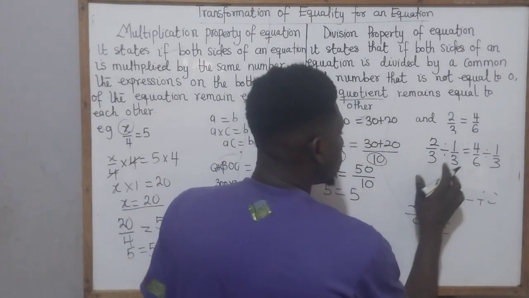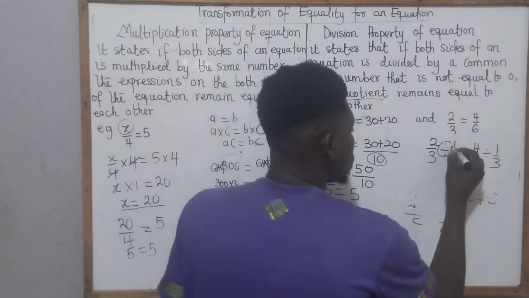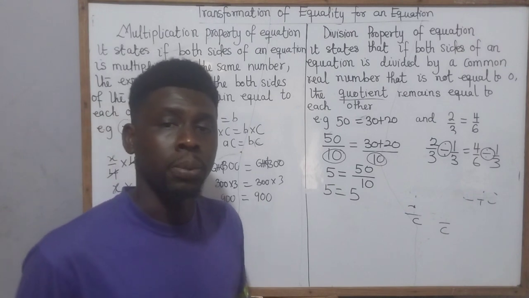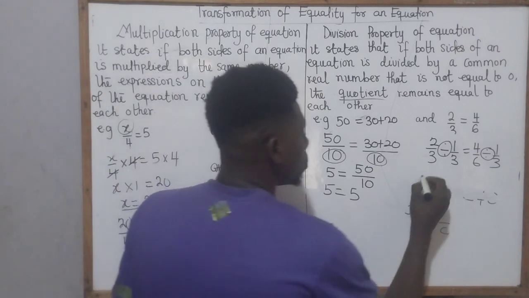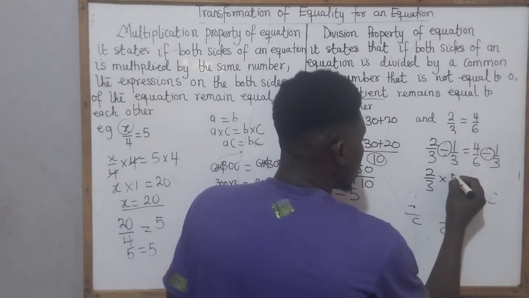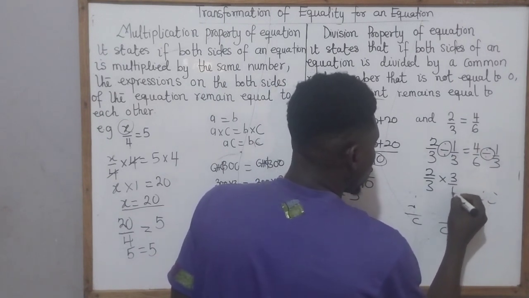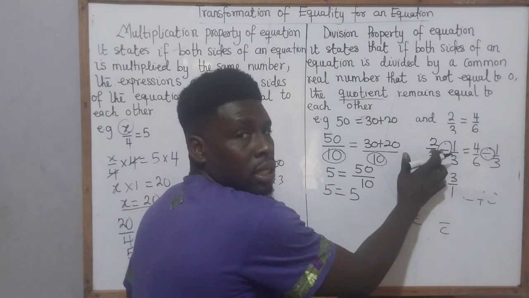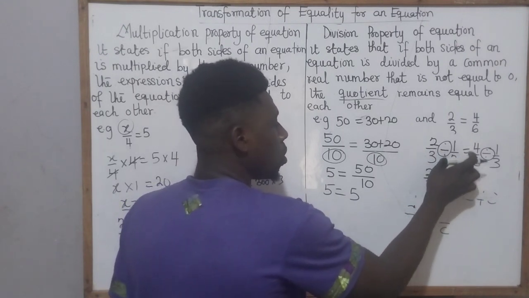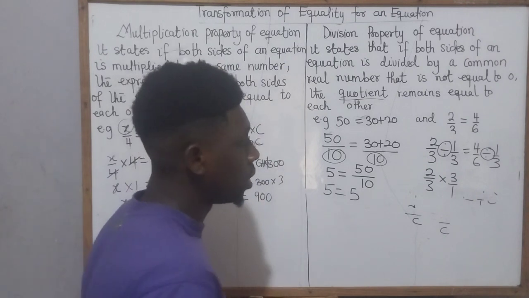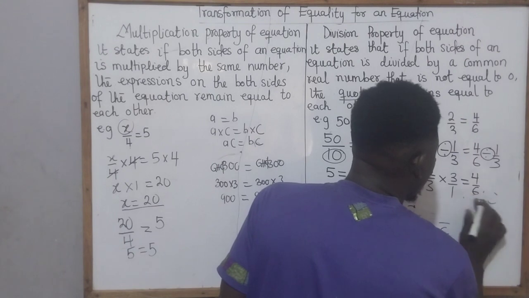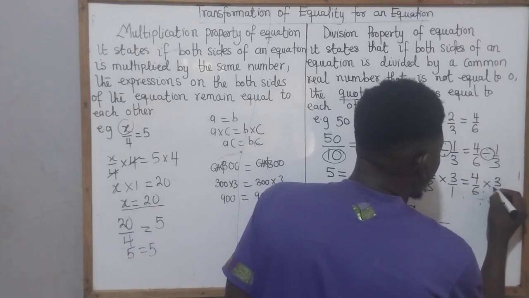So for us to get our answer, this operation needs to be changed or converted to the multiplication operation. So to do this, this will give me 2 over 3 times 3 over 1, since we are changing the division to multiplication. So it's going to affect the order of the fraction. We do the same here: 4 over 6 times 3 over 1.